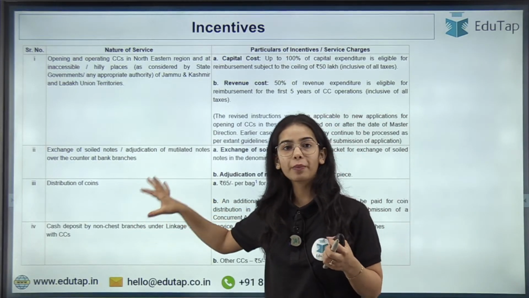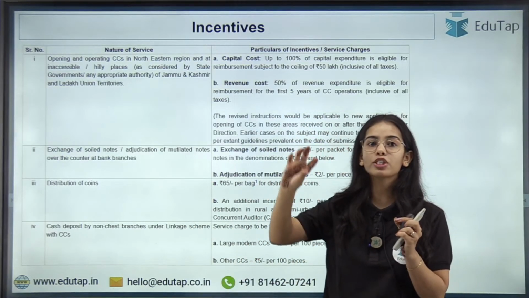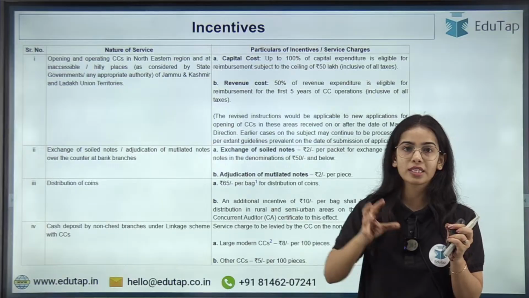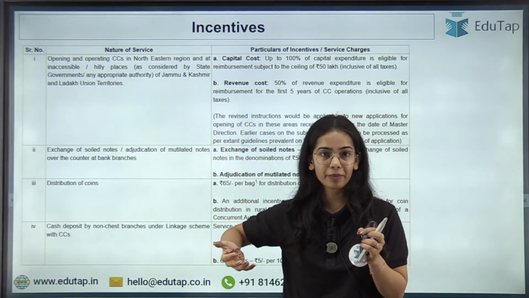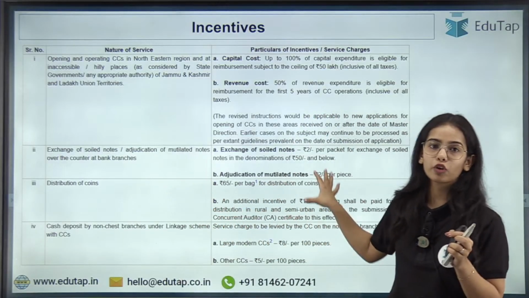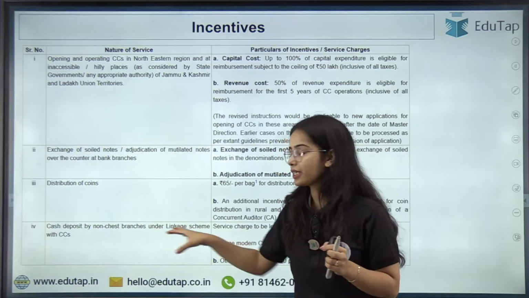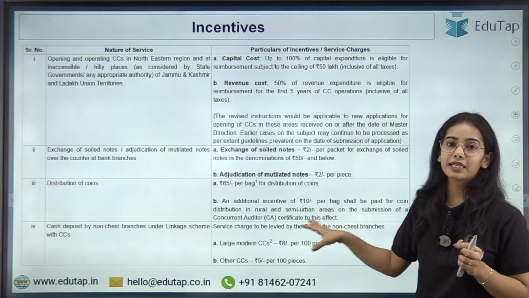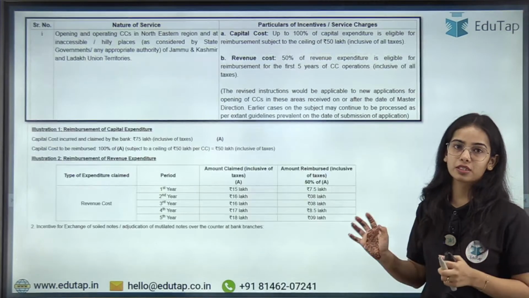Distribution of coins: the net withdrawal of coins from the currency chest by the bank branches is seen, and for distribution of coins the bank branches get the incentive. And there is the service charge taken by the currency chest from the non-chest branches. All of this we have discussed in detail.